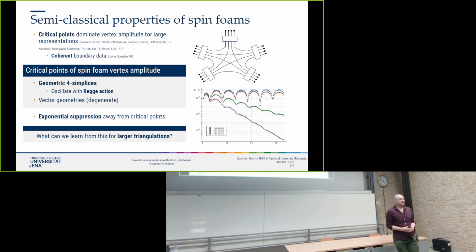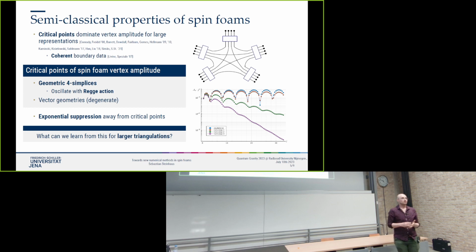So if you have, for example, a single vertex, we know that this single vertex has critical points. So there are certain configurations which dominate in the limit that all representations, so the building block, become large. And these would be represented by using coherent boundary states. The critical points of spinforms, which is a very generic result, come in basically two different forms. You have geometric four-simplices that oscillate with the Regge action, and so-called vector geometries.